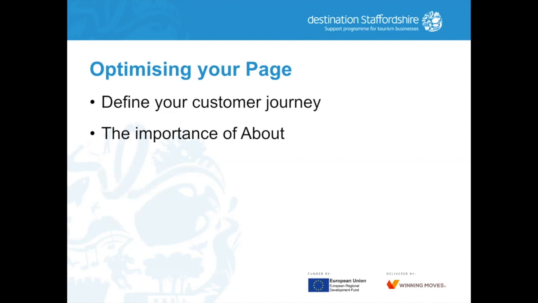But you might want to say relaxing romantic bolt hole in the heart of Staffordshire countryside, for example, which will provide the kinds of answers for the searches that are going on Google. So be very careful to construct your About section carefully and with the keywords or key phrases that you use in other areas on the internet.